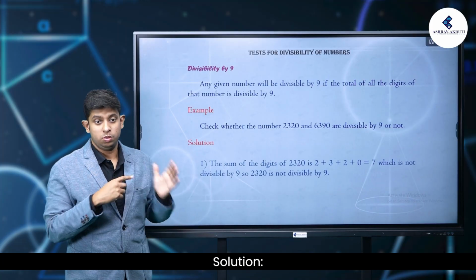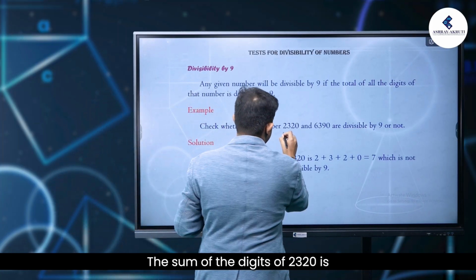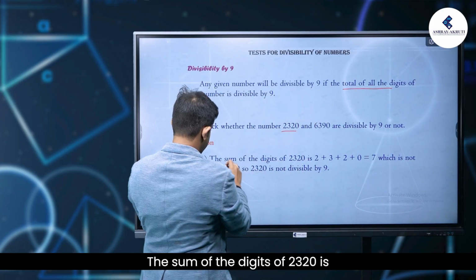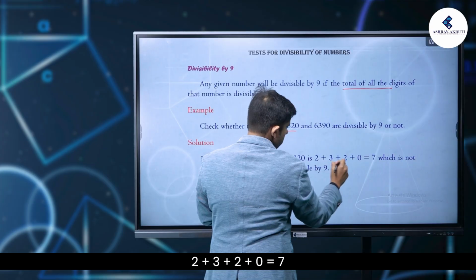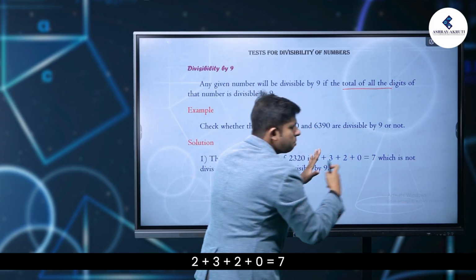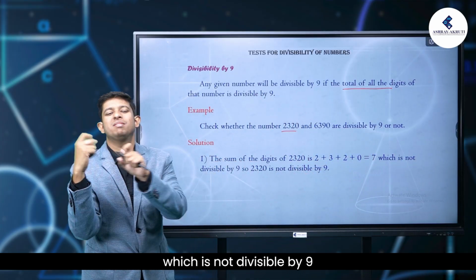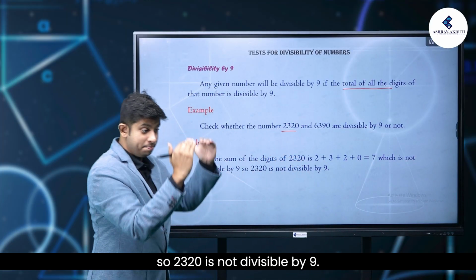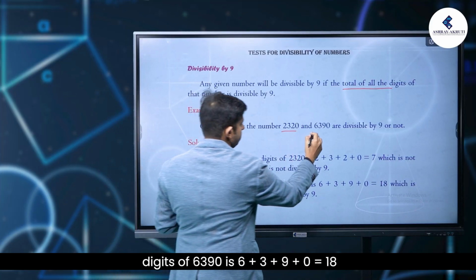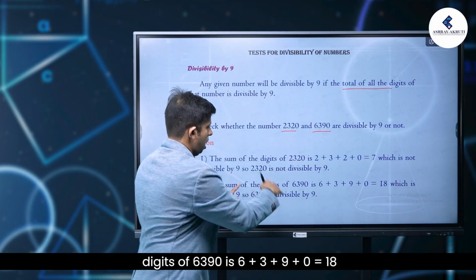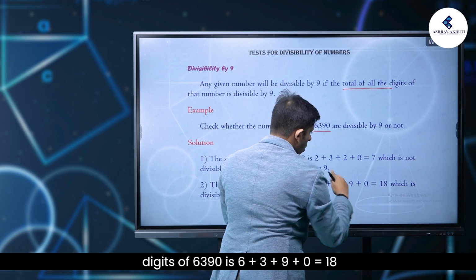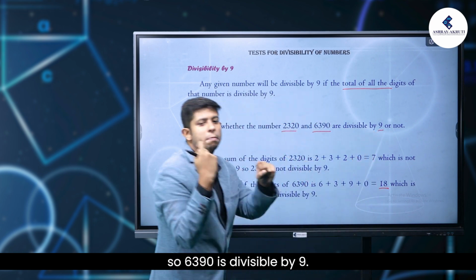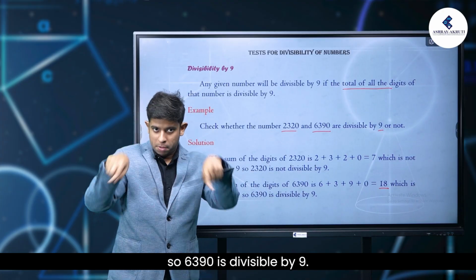Solution: the sum of the digits of 2320 is 2 plus 3 plus 2 plus 0, which is equal to 7, which is not divisible by 9, so 2320 is not divisible by 9. The sum of the digits of 6390 is 6 plus 3 plus 9 plus 0, which is equal to 18, which is divisible by 9, so 6390 is divisible by 9.